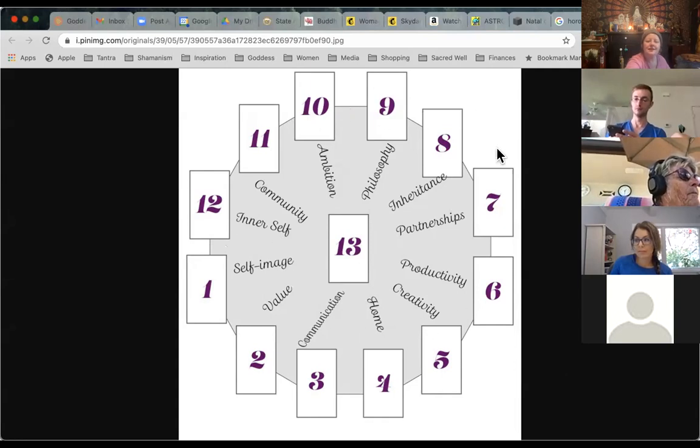It doesn't track exactly to the horoscope houses, but mostly it aligns there. And over the years, I've developed my own relationship to this spread. So the horoscope spread often has a 13th card, which can offer a thematic arc, especially if you're looking at the year ahead for a person.